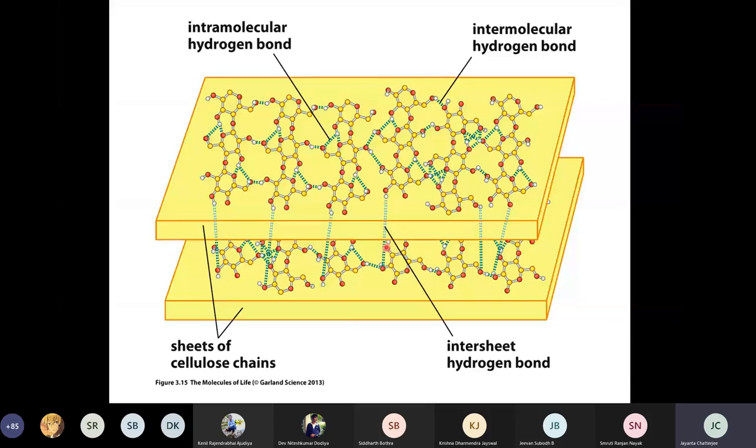It doesn't mean that these hydrogen bonds are long, because if they were long there wouldn't be any hydrogen bonds, since a hydrogen bond has a specific distance and geometry associated with its formation, right?